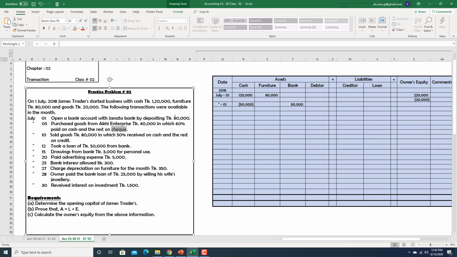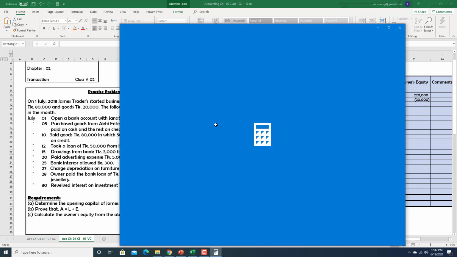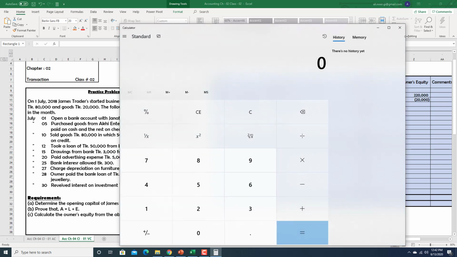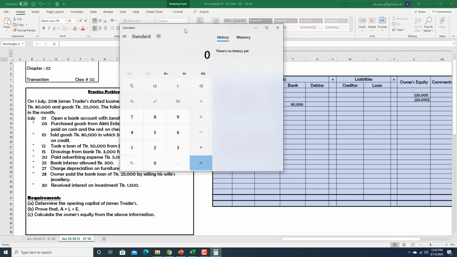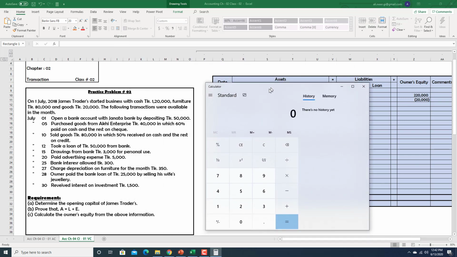Let's take my calculator and resize it. So on cash, this is 60% of 40,000. This is 24,000.